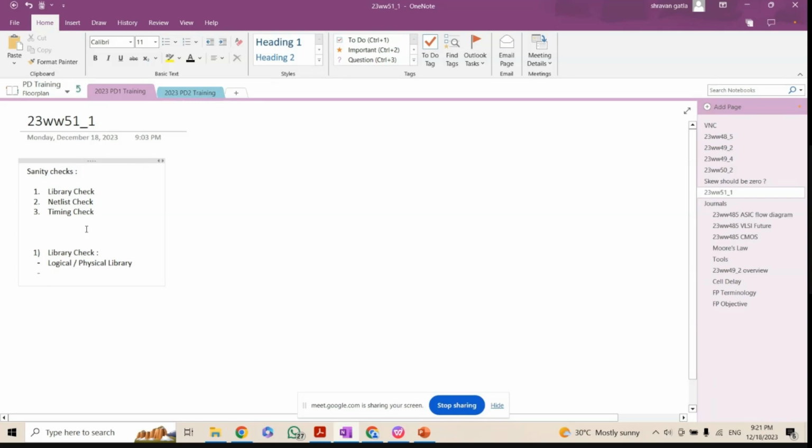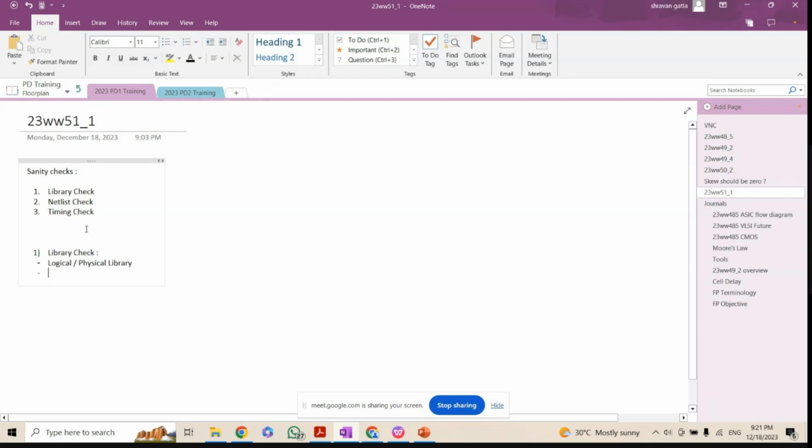When I'm talking about driver and receiver, you should assume it like this. The driver is driving that cell, and the receiver is driven by some other cells. In real time in our job, we say it like this only.